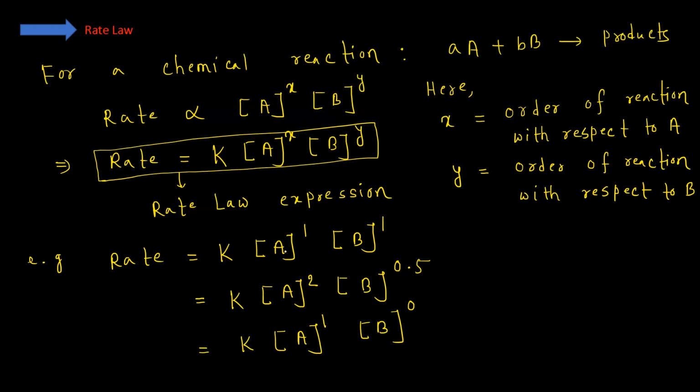If we triple the concentration of A, the rate will be tripled. Similarly, the order of reaction with respect to B is 1. That means if we double the concentration of B, rate will be doubled.